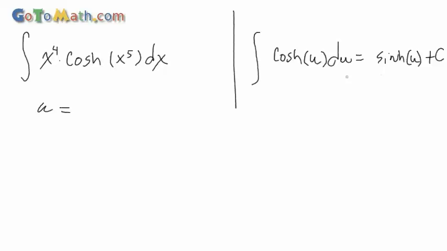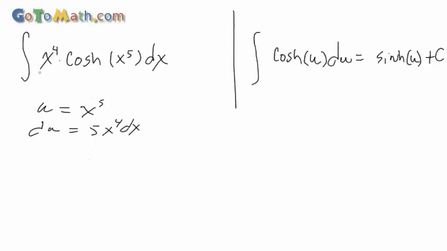Now, this u here is basically the name of a function here, but this is just the name of variables. So don't let this u get mixed up with what's going on here. Just totally separate this stuff from what we're doing here. All right. So we're going to let u be x to the fifth, and then we're going to take the derivative. So du is equal to 5x to the fourth dx.